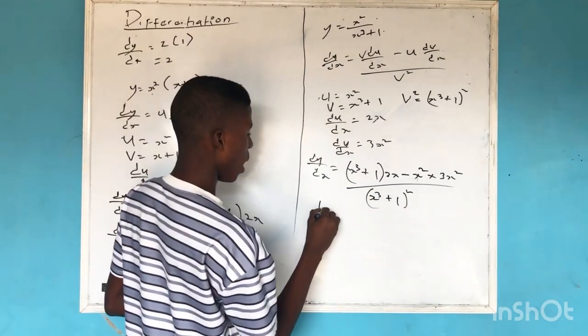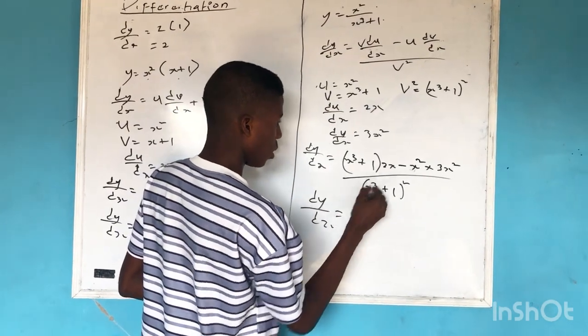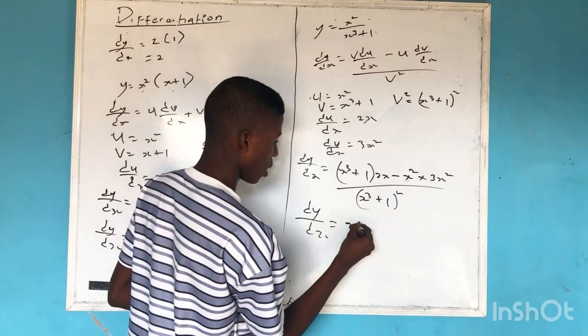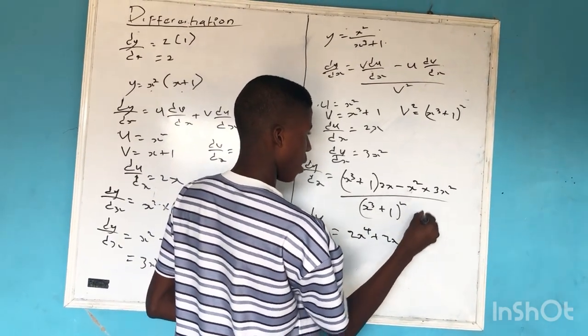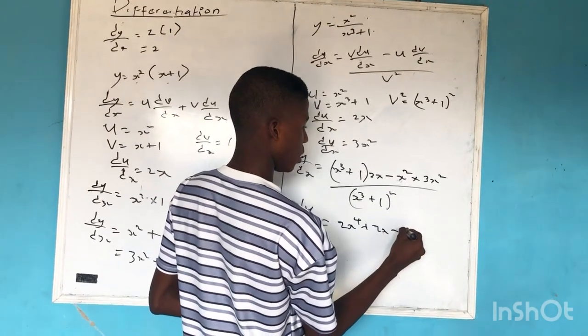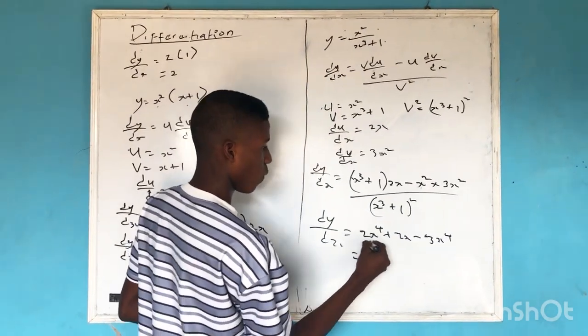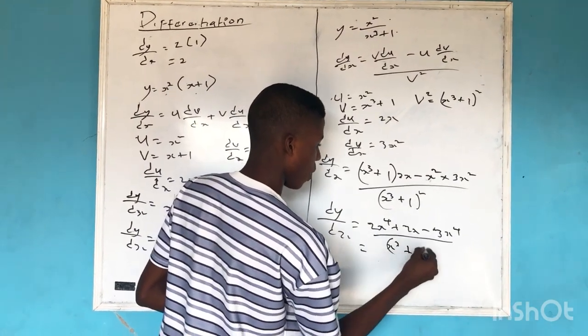So dy dx is equal to x. Let me just expand the brackets. I will have 2x to the power 4 plus 2x minus 3x to the power 4 over (x³ + 1) to the power 4.